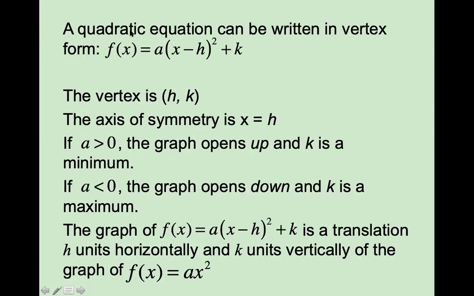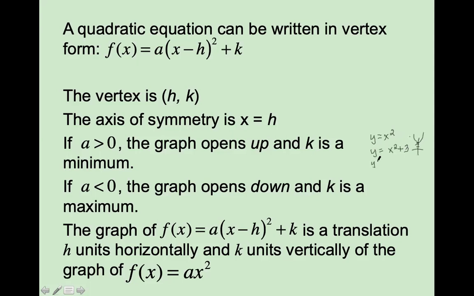So let's talk about that for a minute. If you remember in the very first lesson we did, we talked about the parent function looks like y equals x squared. When we had numbers at the end, it either shifted the graph up or down. So if I have something like y equals x squared plus 3, that's going to shift the graph up 3 units, 1, 2, 3, and it would open this way.